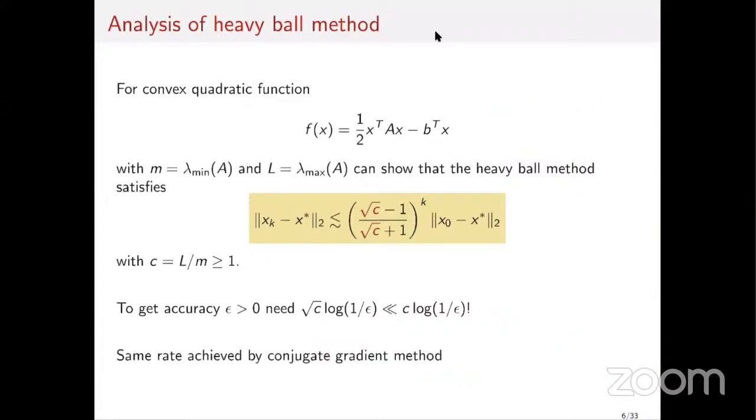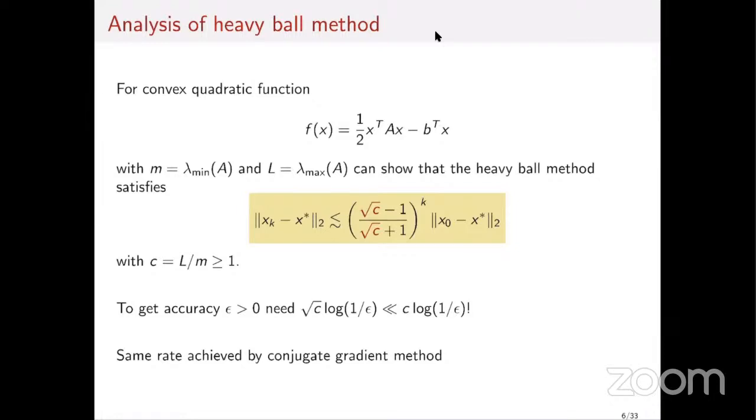Also, since some people asked me in the chat yesterday, this is for those of you who know what the conjugate gradient method is. It is a method originally and mostly used for the solution of linear systems where A is positive definite, which equivalently corresponds to minimizing a convex quadratic.